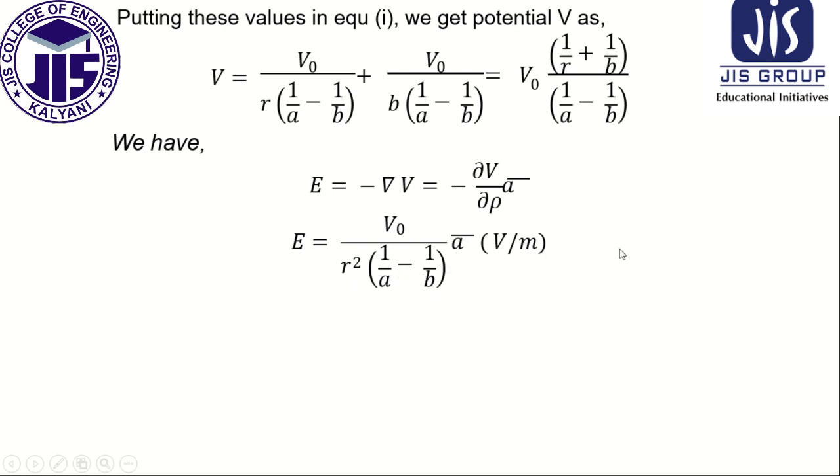This is the unit of the electric field. Now this is the expression of the potential and this is the expression of the electric field. Thus for the spherical capacitor, we can solve the Laplace equation and get the potential and the electric field.